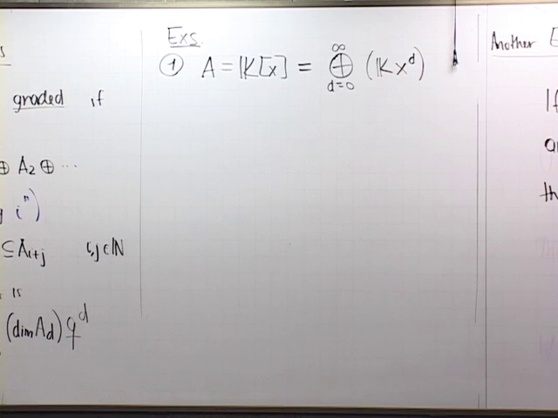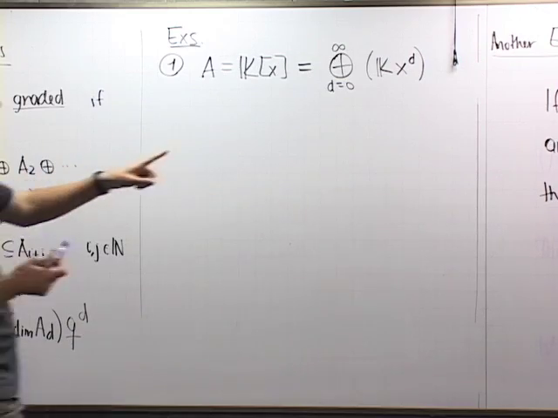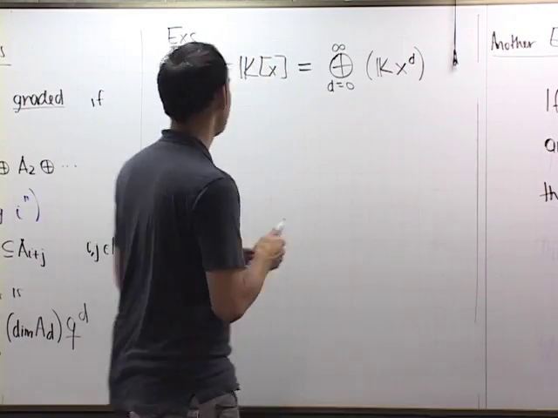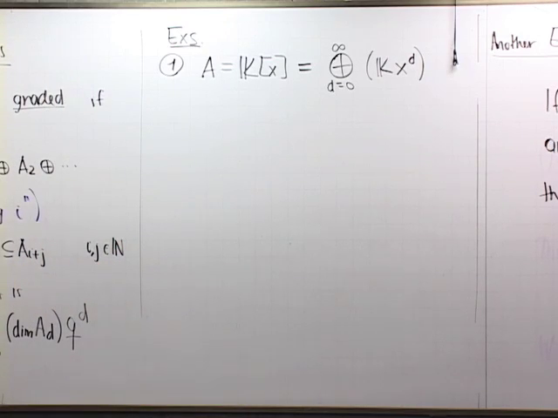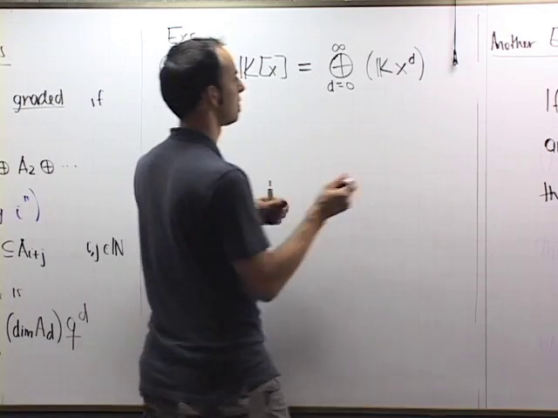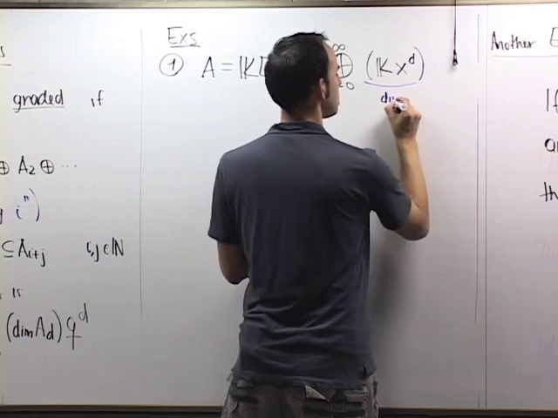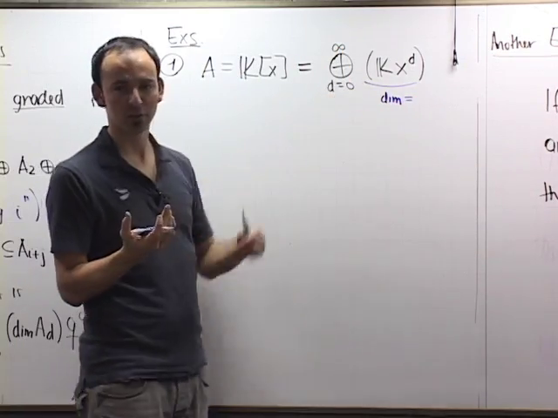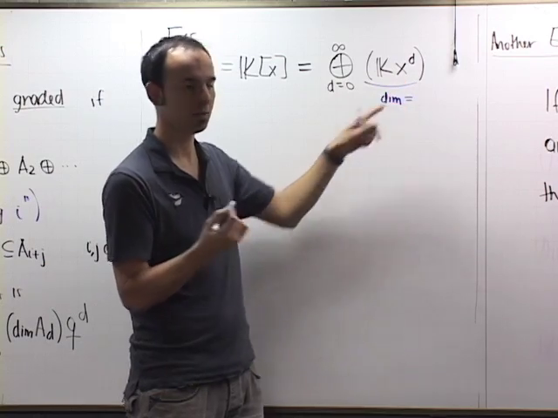So in degree d, the only thing you have is the multiples of x to the d. Now, what is the dimension of this thing as a k vector space? Well, they're just the multiples of x to the d, and so you have a single basis element x to the d.